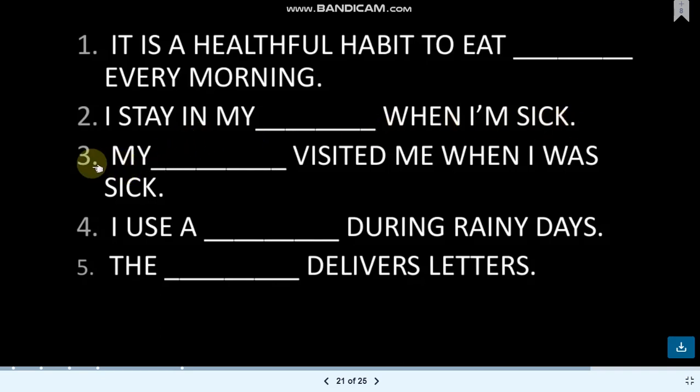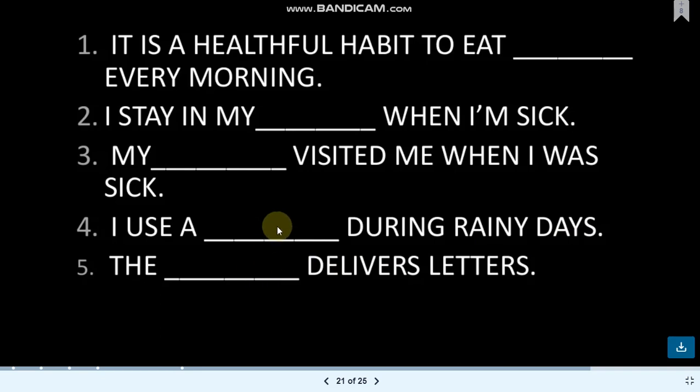Very good. Now let's have number three. My blank visited me when I was sick. My classmate. Very good. My classmate visited me when I was sick. Good job. Now let's have number four. I use a blank during rainy days.